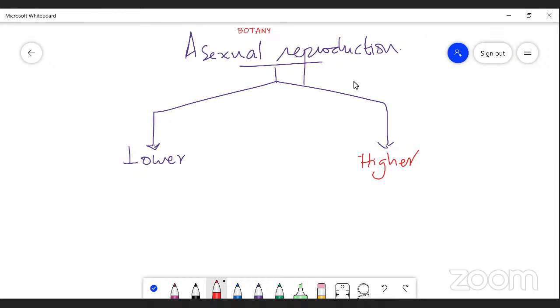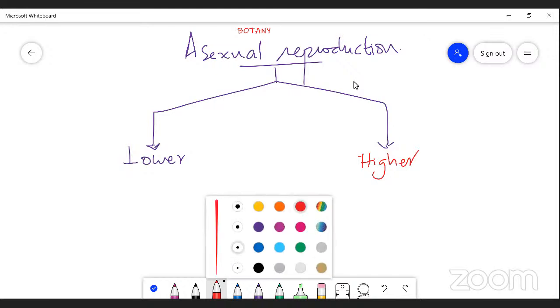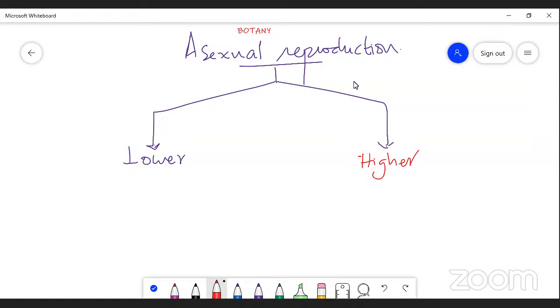Asexual reproduction is a method of reproduction that helps to perpetuate its own species.